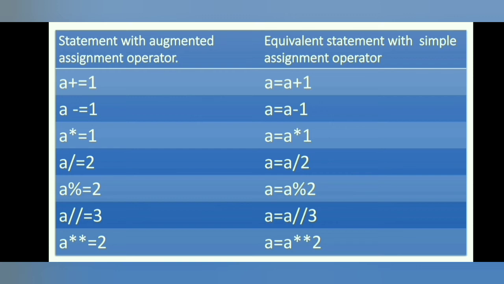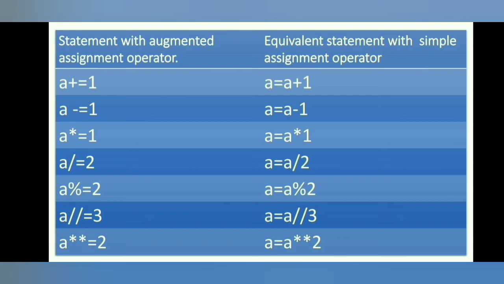A += 1, which is in augmented form, can be written in simple assignment form as A = A + 1. Similarly, A -= 1 can be written as A = A - 1. A *= 1 can be written as A = A * 1.